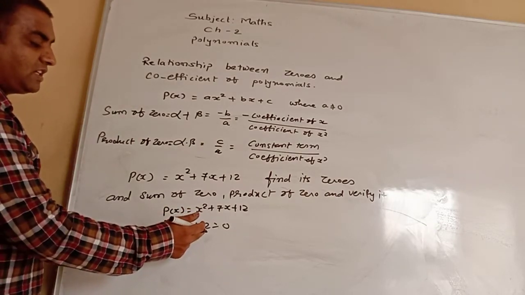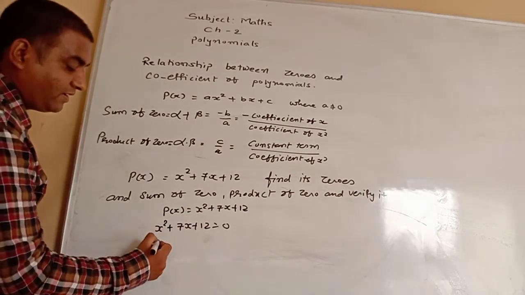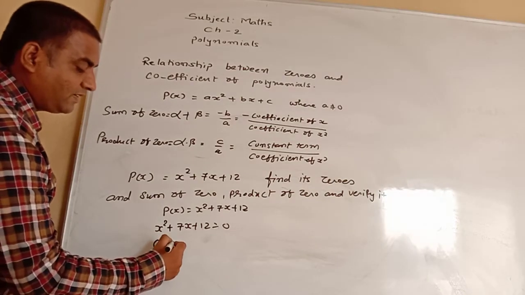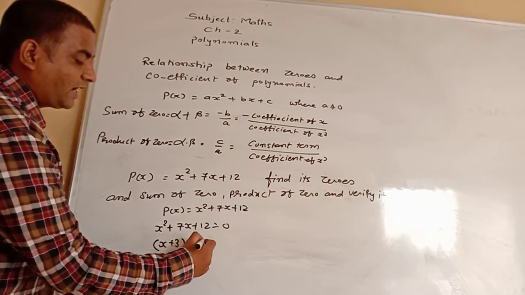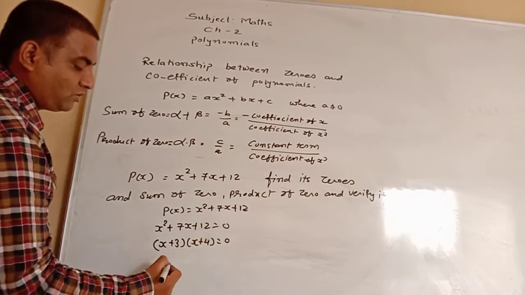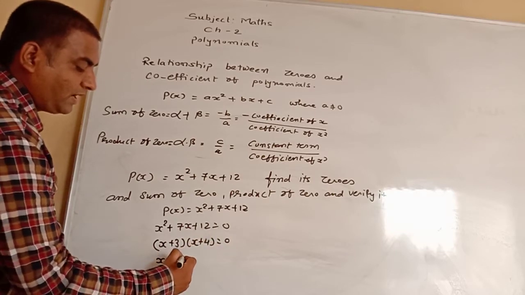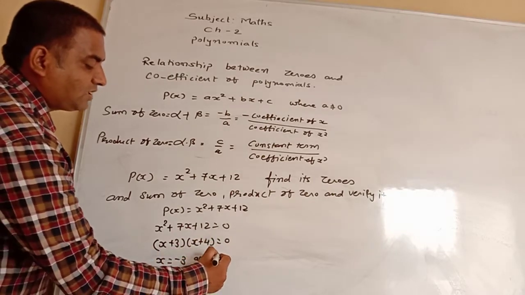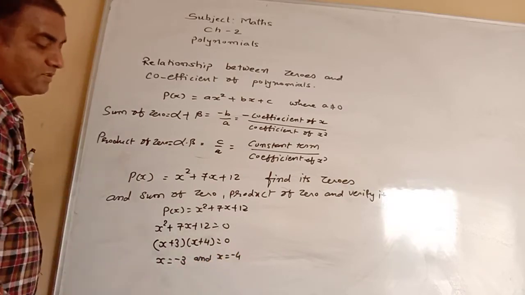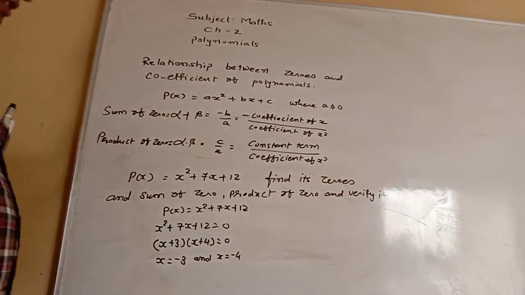The factors of 12 are 3 and 4, whose addition is 7, so its factors are (x plus 3)(x plus 4) equals 0.